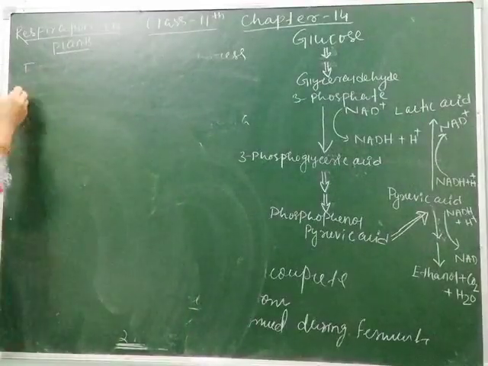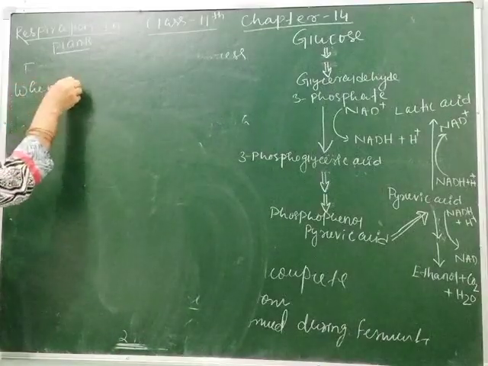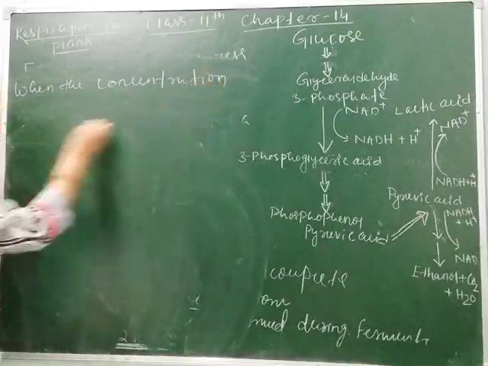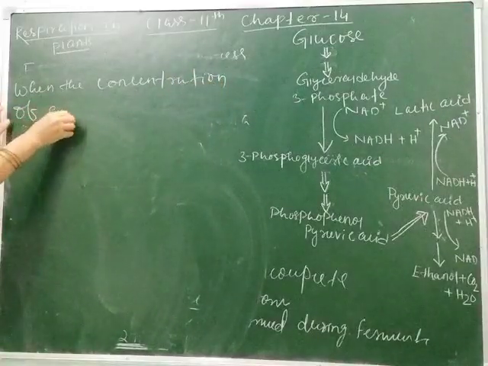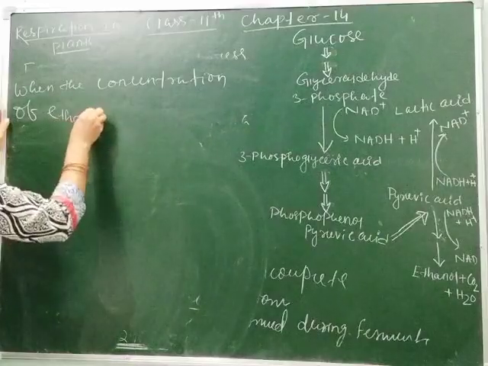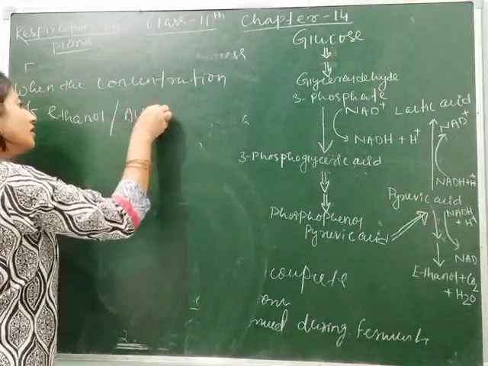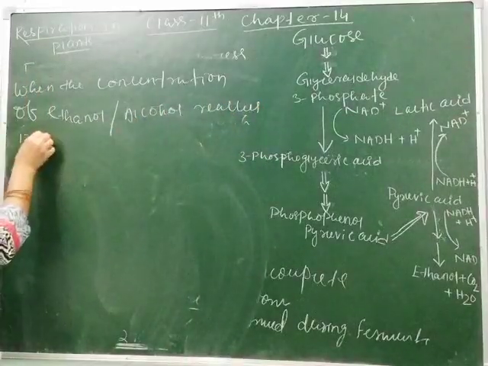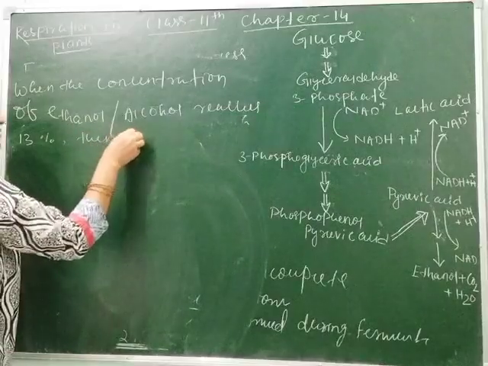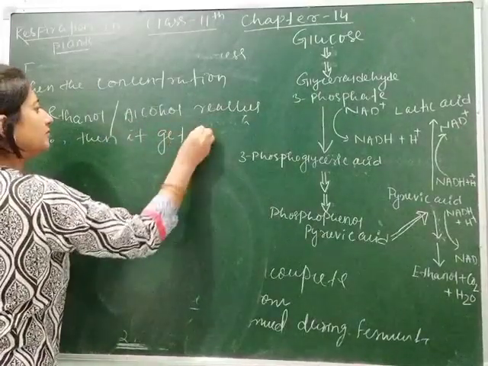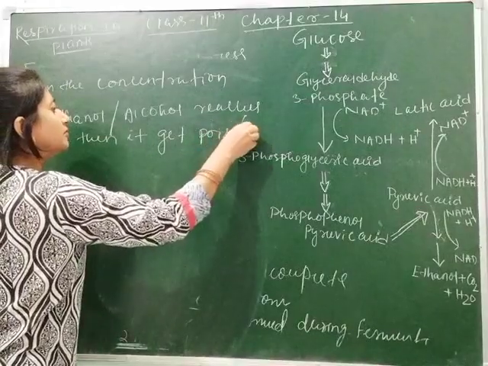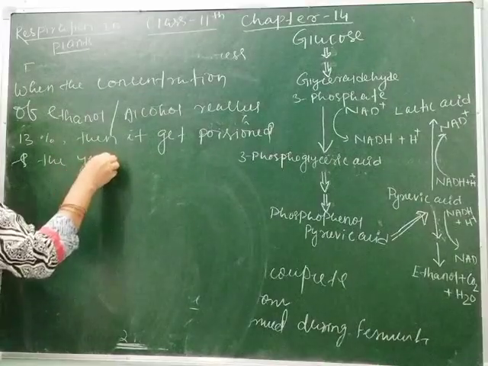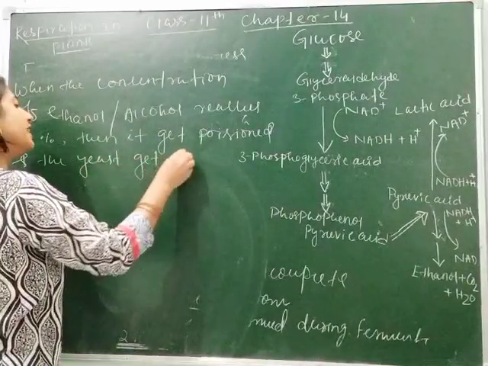the concentration of ethanol or alcohol reaches 13%, then it gets poisoned and the yeast die.